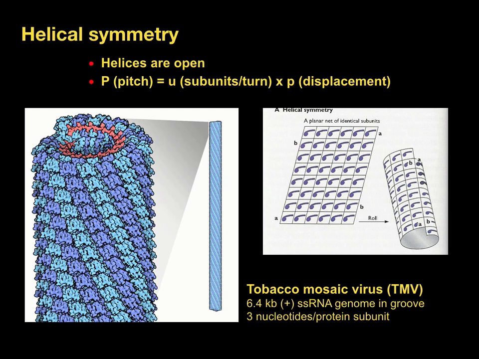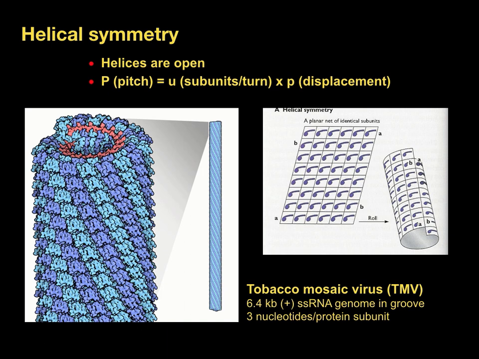If we think of this helix as a planar grid that we then roll up, then these subunits connect with this one, and the displacement would be 1, but if this one connects with this one, the helix is going to come more this way.